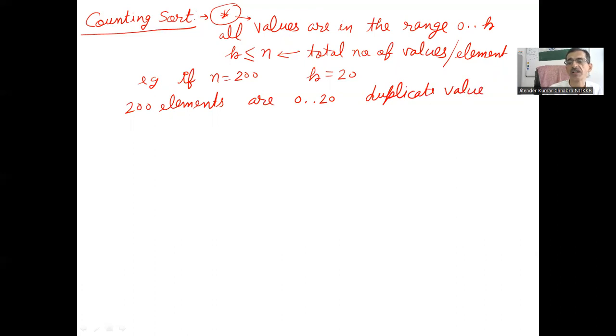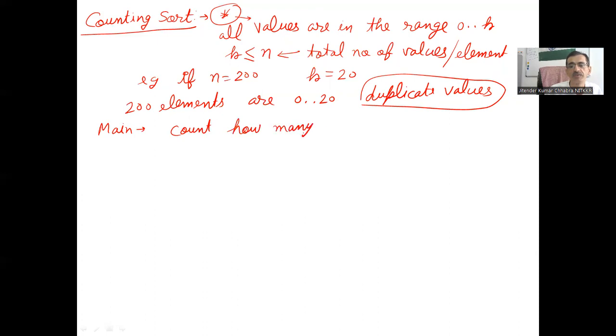Obviously this means there are going to be many duplicate values, and the whole basis of counting sort comes from this concept. The main logic is that I am going to count somehow how many elements are less than some value, how many elements are less than or equal to, let's say, A1, if A1 is the first element of my list.